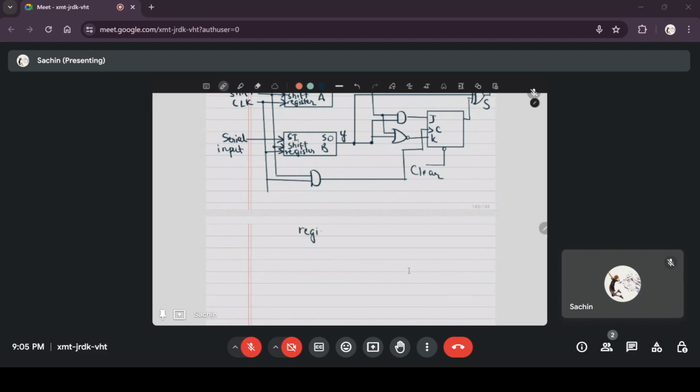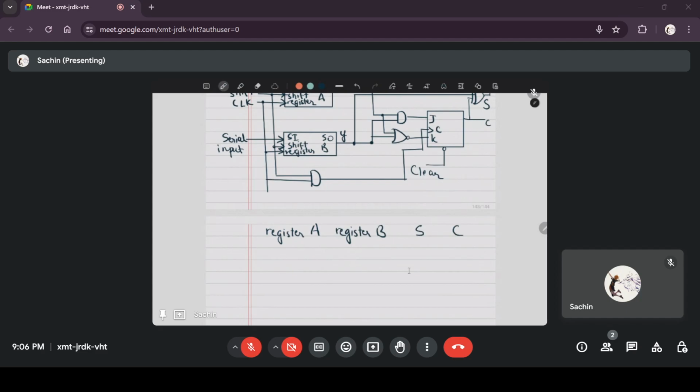So we can write register A, register B, and then you have the sum and the carry.